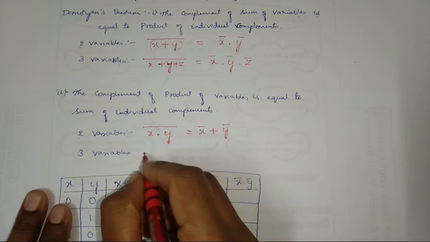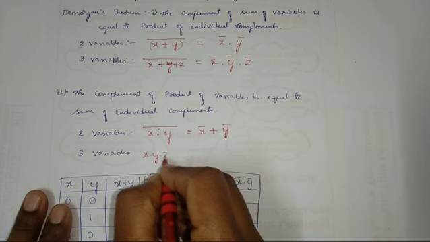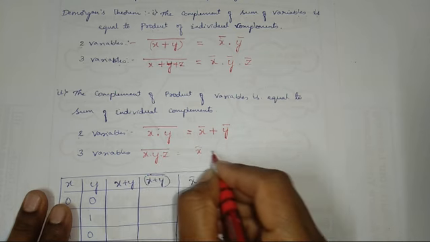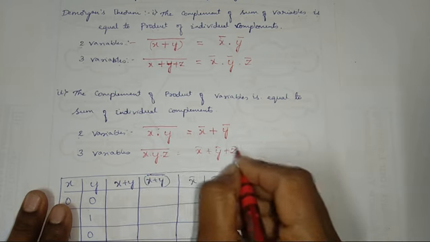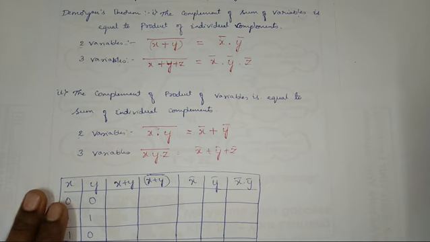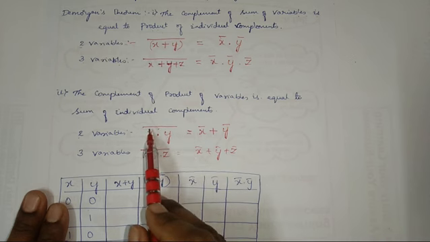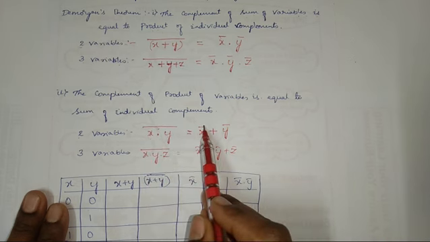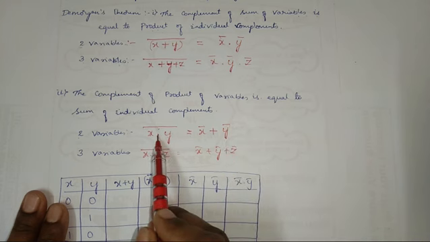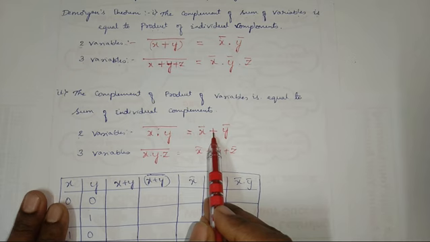Similarly for three variables it will be x into y into z whole bar is equal to x bar plus y bar plus z bar. Fine. So x into y whole bar is equal to, take the individual complements, x bar, y bar. If there is an and, replace it with or.